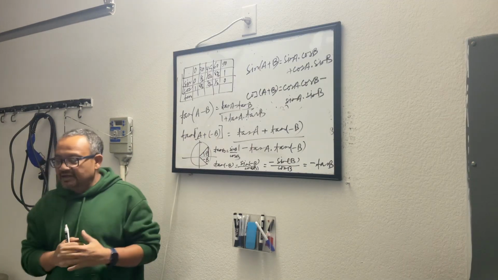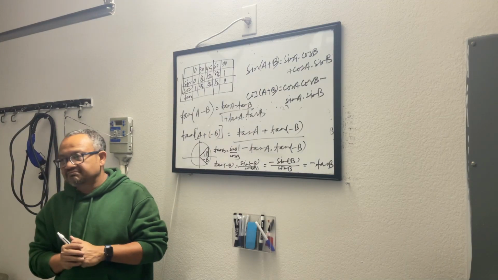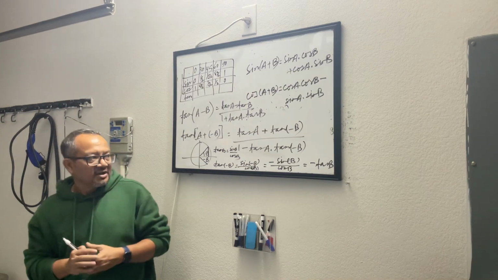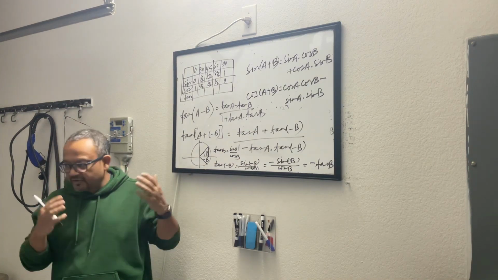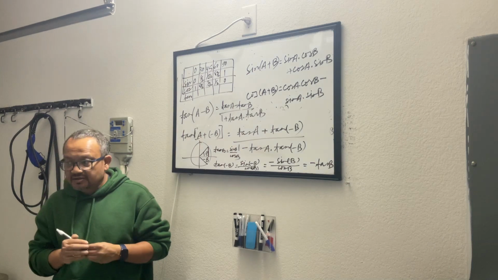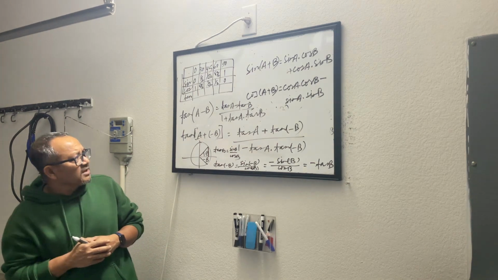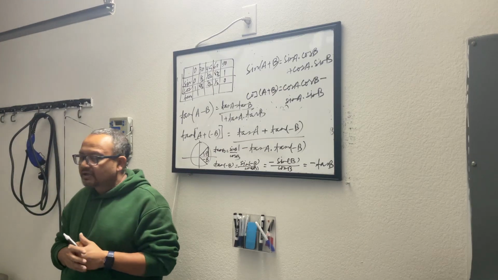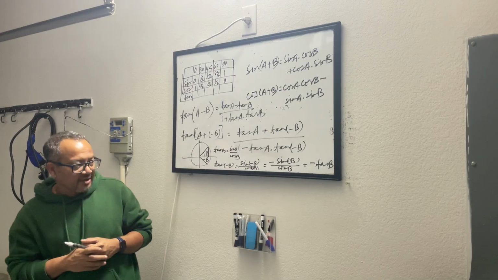Now, these formulas that you will come across, let's say, after today's class or after you practice some more problems and when you watch the video, whatever you do, you will not have any doubt in your mind. If somebody says, why tan of A minus B is this? You can say, okay, I'll show you how and why.